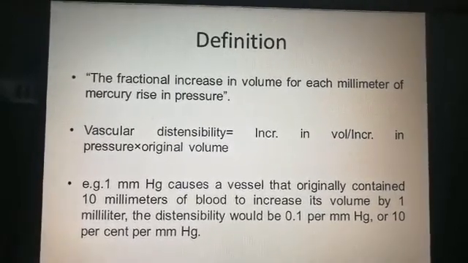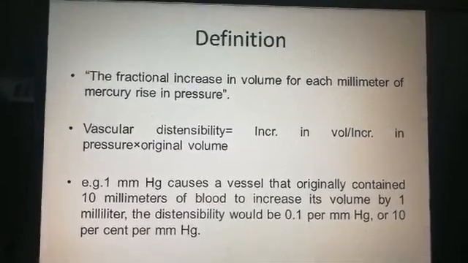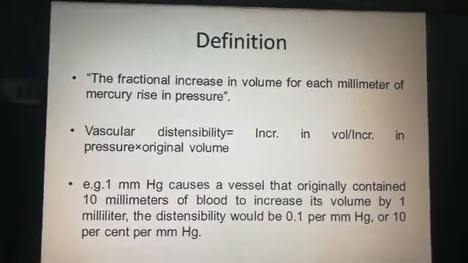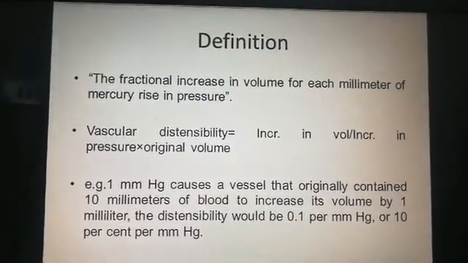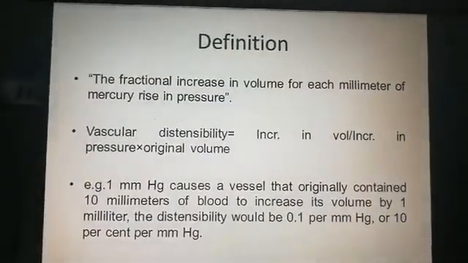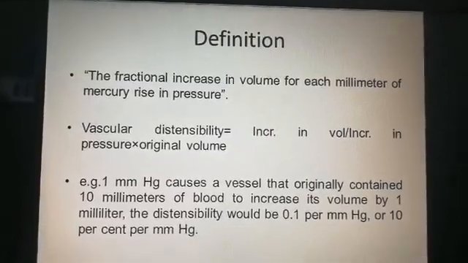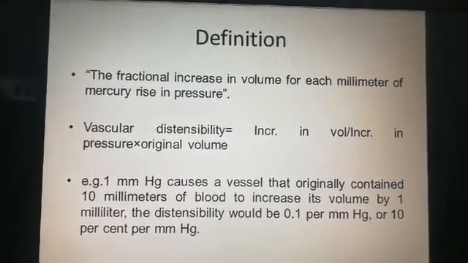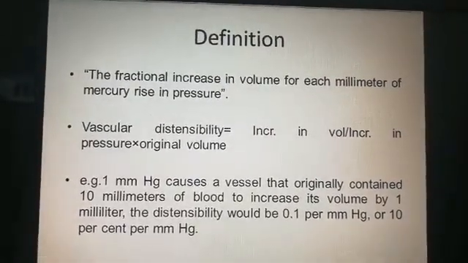When 1 millimeter of mercury pressure causes a vessel that originally contained 10 ml of blood to increase its volume by 1 ml, the distensibility would be 0.1.